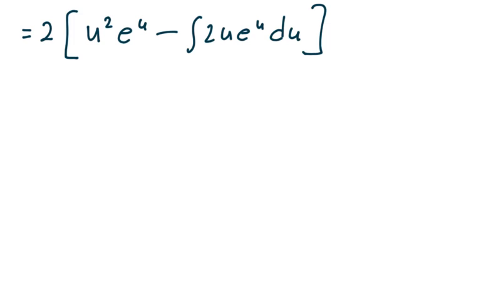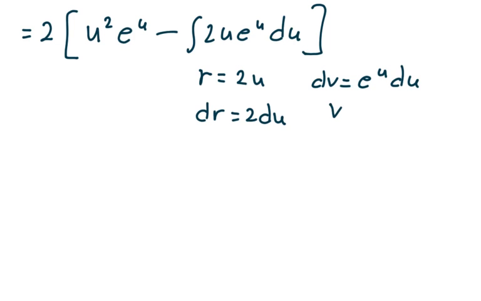And so if we do this all over again, we'll call it r equal 2u, and dv equal e to the u du. And so dr is 2 du, and v is equal to e to the u.